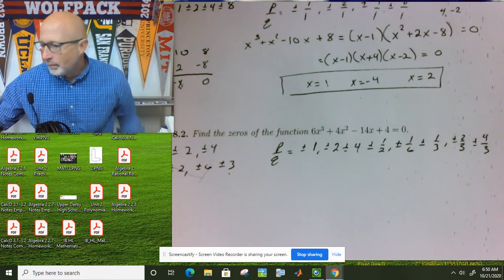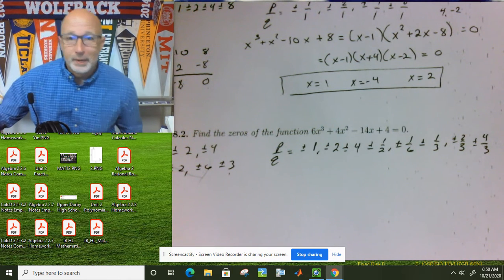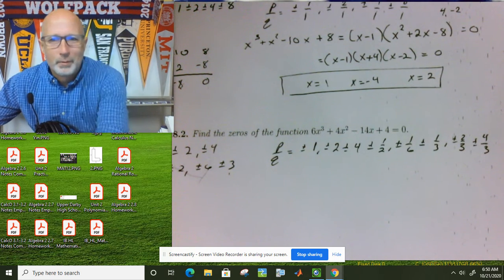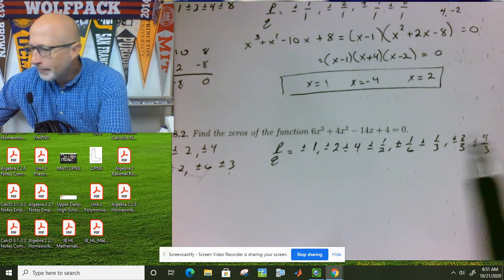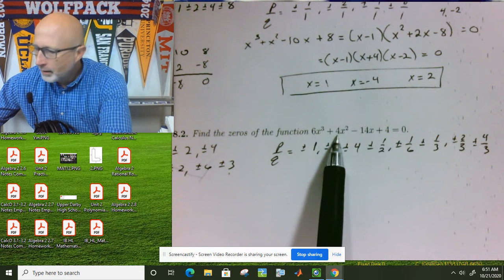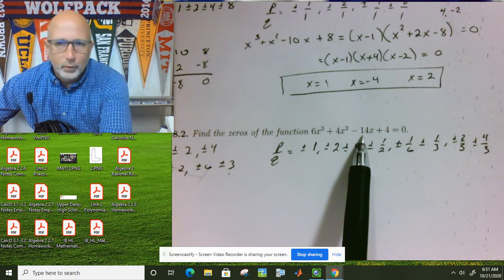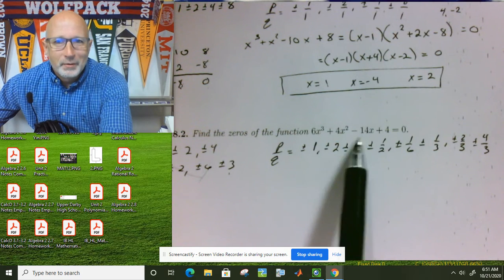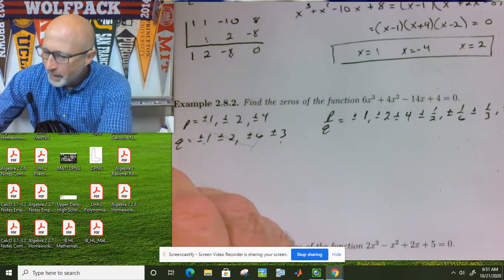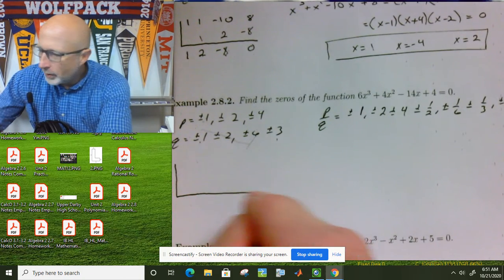Now, there's a thing in math called by inspection. And it's basically looking at it and seeing what makes sense. If you just ignored the x's, 6 plus 4 is 10, plus 4 is 14, minus 14 is 0. So in other words, I'm pretty sure 1 is going to work in here. So let's start off with 1. Okay, so I'll do synthetic division with 1.